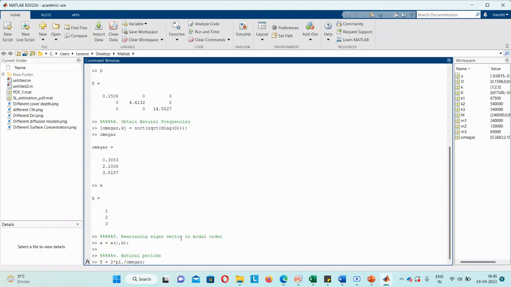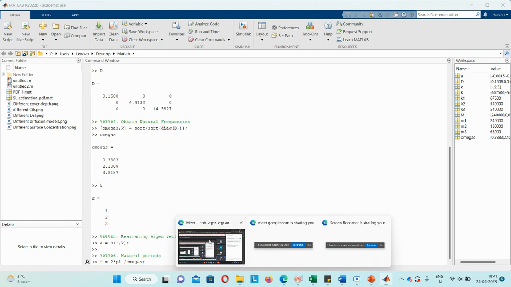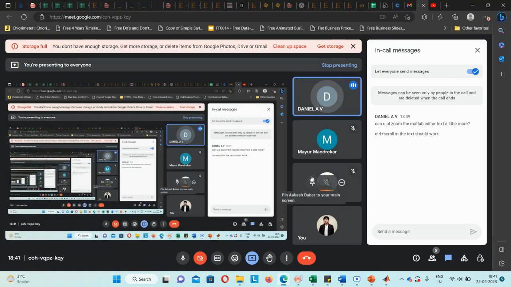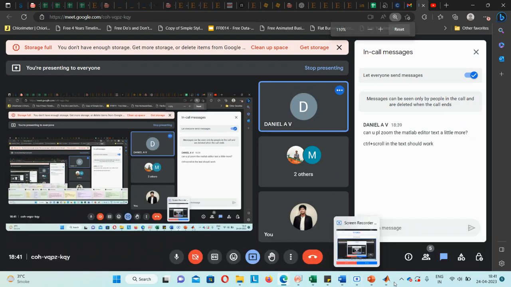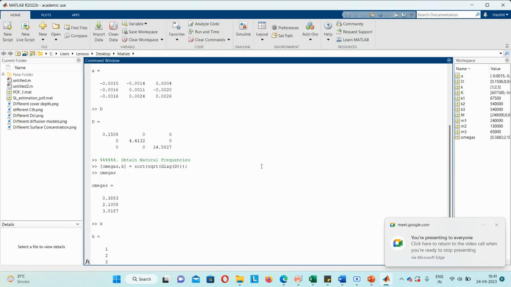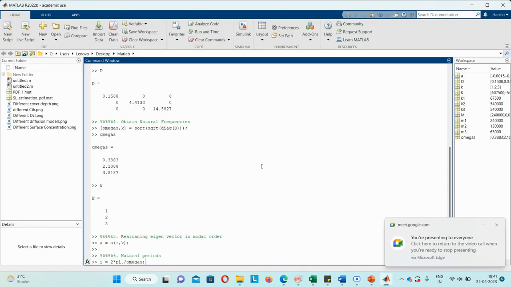You can later on pause and replay and see. Okay, so natural period is defined by, sir, I think control plus the mouse scrolling should work. Can you try that in the MATLAB screen? Okay, I will try. No, it's not working in MATLAB.